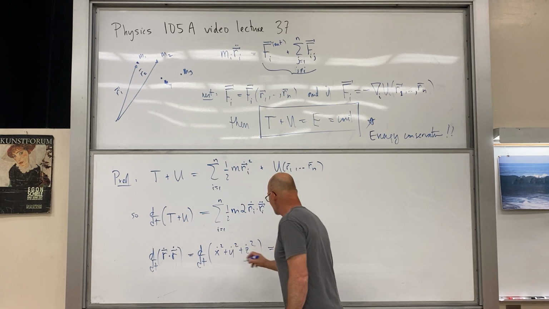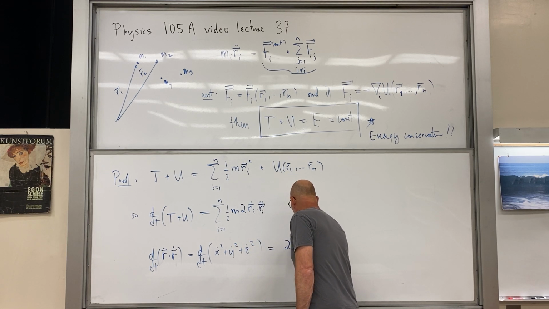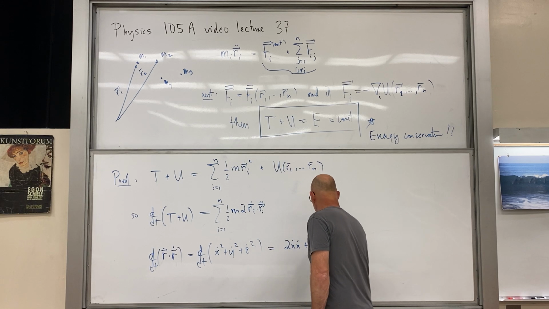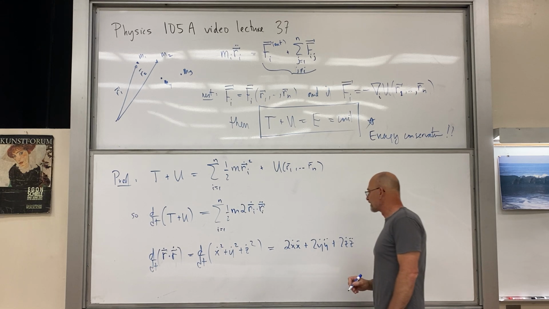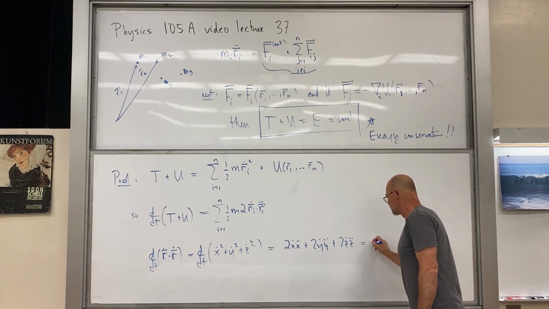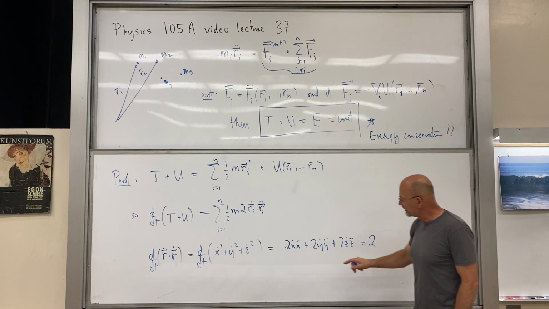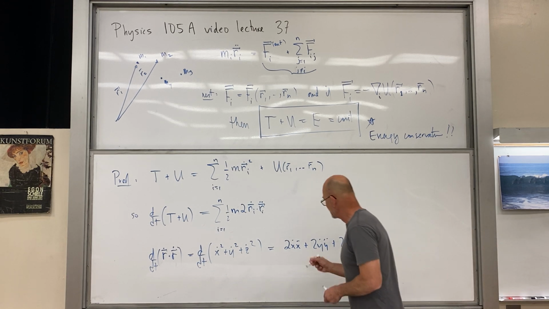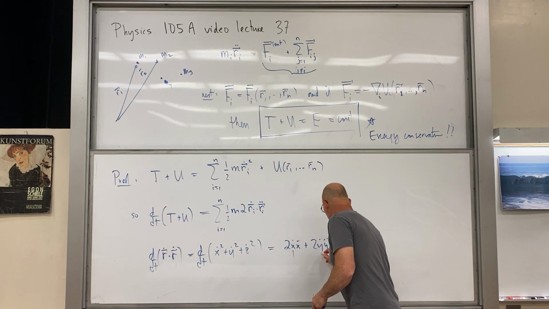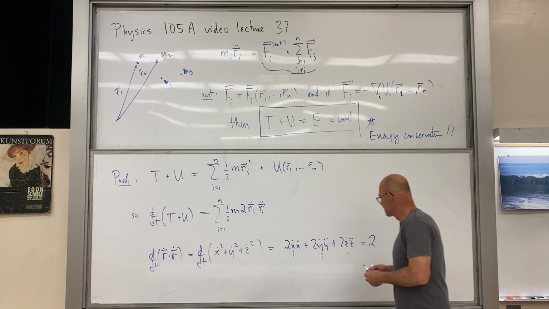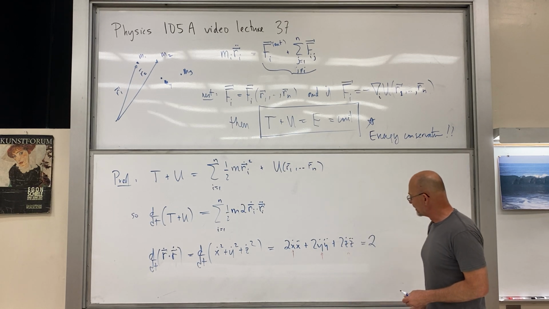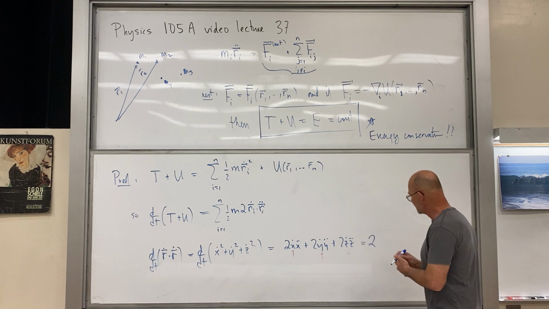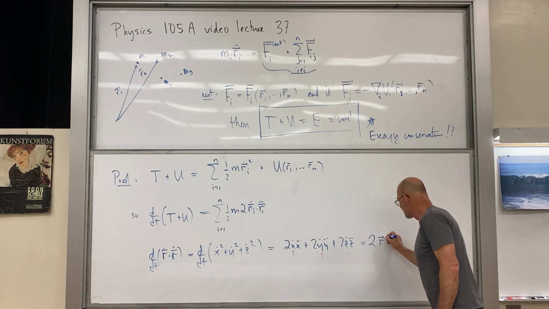So then you can see you're going to get 2x dot x second derivative, 2y dot y second derivative, 2z dot z second derivative. You can pull the 2 out, and now you can see that those are our velocity components dotted into the acceleration components. So yes, that's r dot, r second derivative.